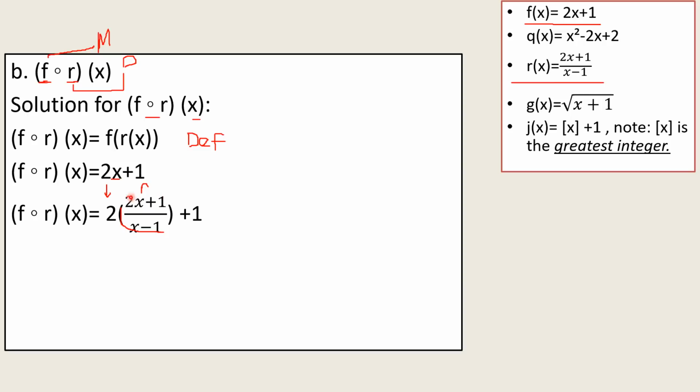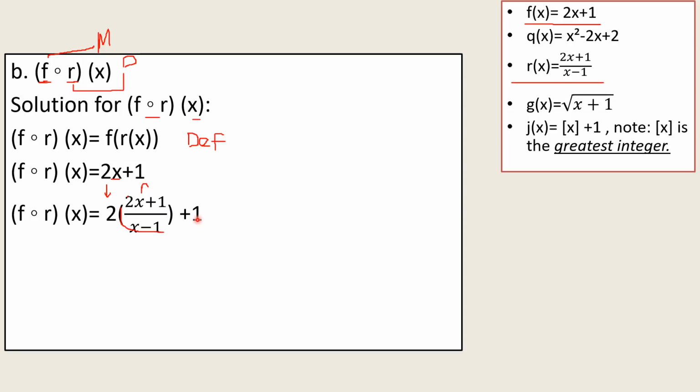So, bali, ang value ng r, according dito, is 2x plus 1 over x minus 1. Tapos, plus, kopya lang, plus 1. Plus 1. Ayan. So, 2 times si x, magiging value ng r, kasi ito yung domain. So, 2x plus 1 over x minus 1. Ito si r. Then, plus 1. Okay?